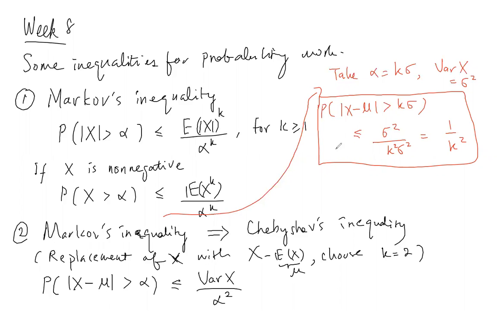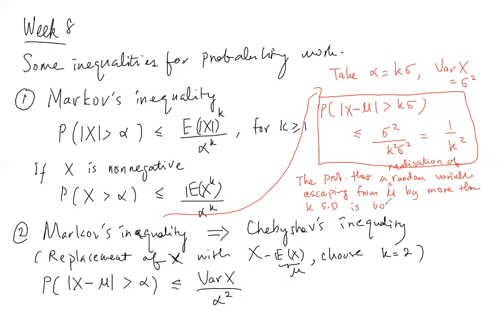All right, which basically says, in layman's words, that the probability that a random variable realization escaping from mu by more than k standard deviations is bounded by 1 over k squared.